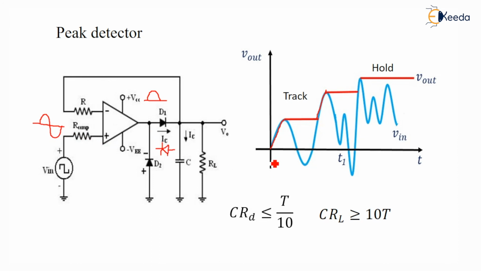So here the capacitor starts charging for the negative peak, and it will hold until the next negative peak. When the next negative peak comes, the capacitor again starts charging to that negative peak value, and it lasts until the next higher peak.